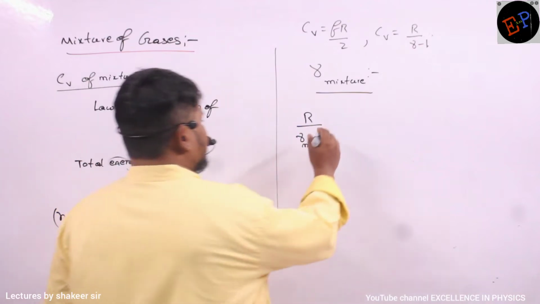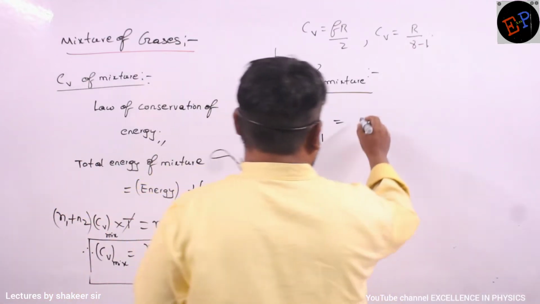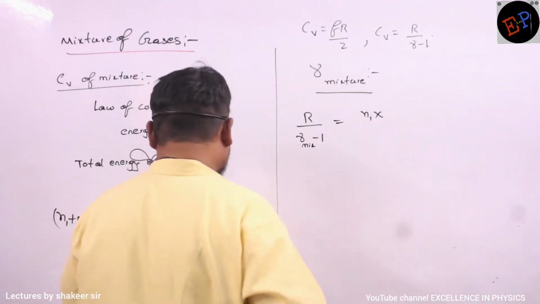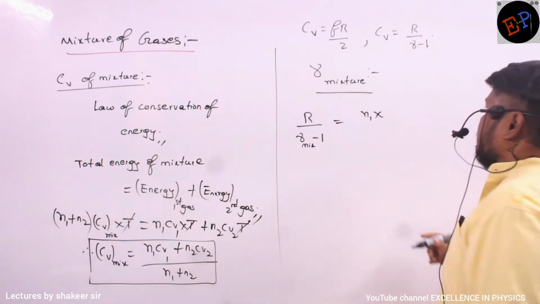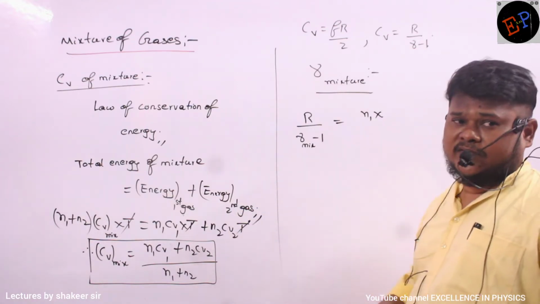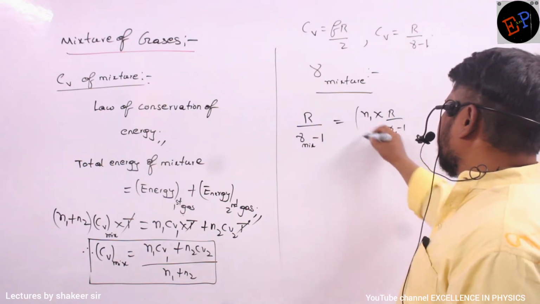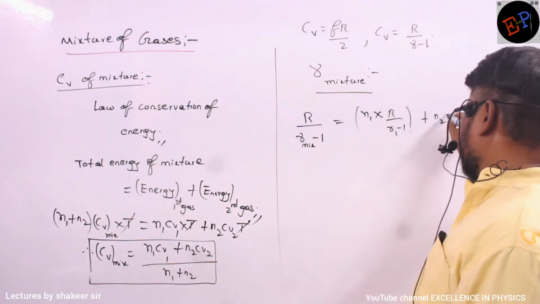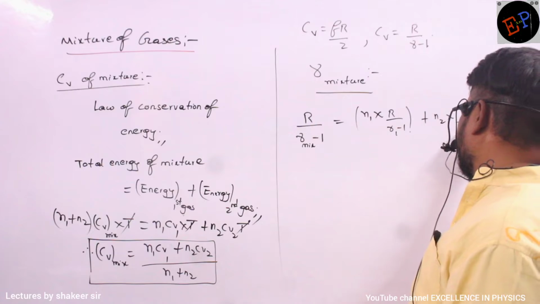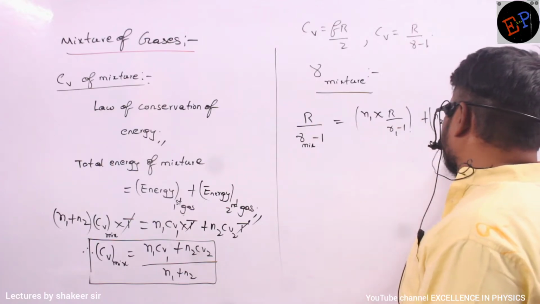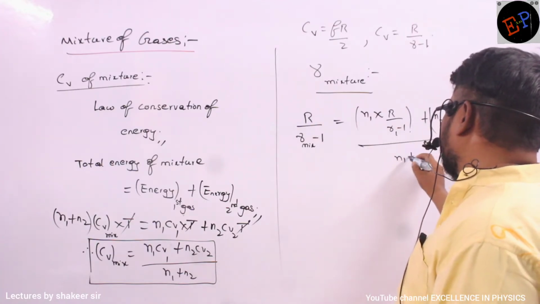So this is equal to n1 multiplied by Cv1, where Cv1 means Cv of the first gas: R divided by gamma 1 minus 1, plus n2 multiplied by R divided by gamma 2 minus 1, divided by n1 plus n2.